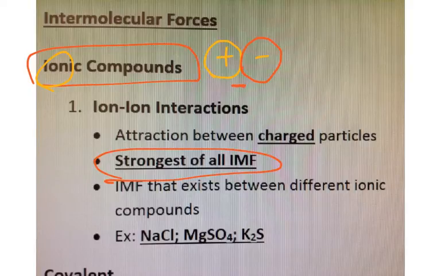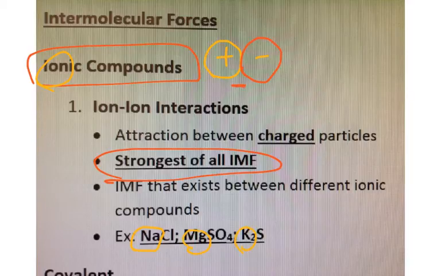Now, how you need to identify that a compound would exhibit an ionic or an ion-ion interaction is because it would be an ionic compound. So how do we do that? If you remember from previous units, Na is a metal, Mg is a metal, and K is a metal.